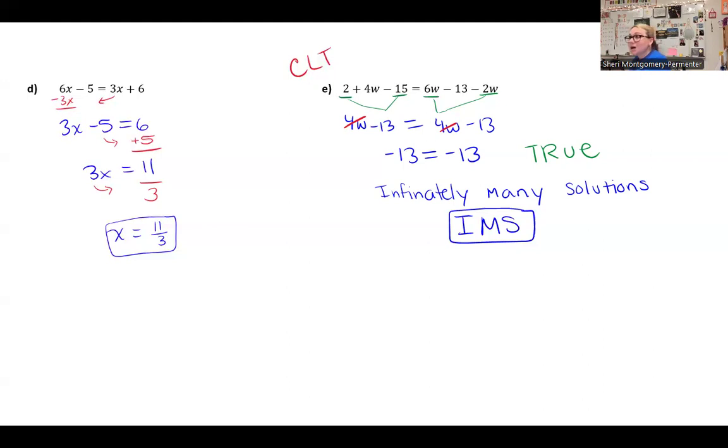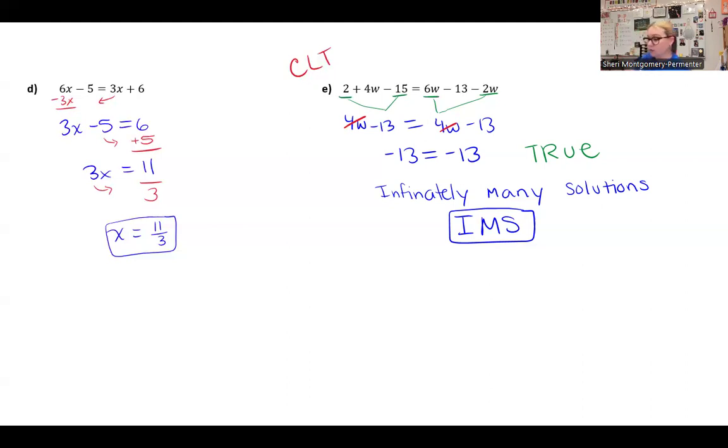None. Right, none. So if you are working your homework, and you get to a problem similar to this, where the variables disappear and you're left with something equals something, if it is a false statement, then you say no solution.